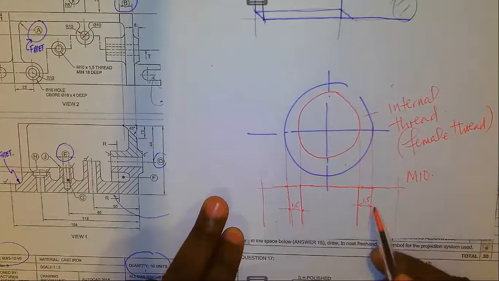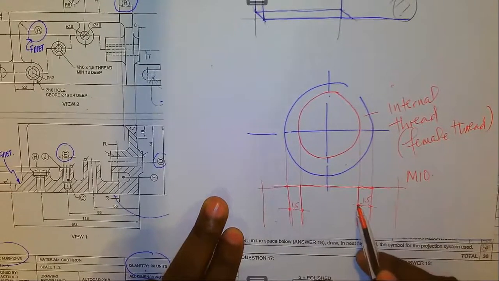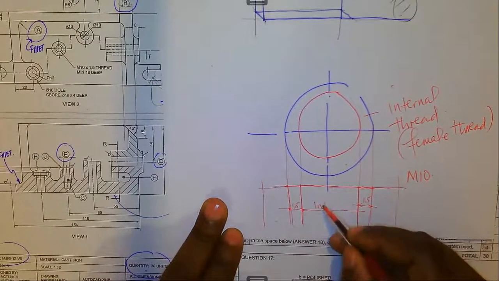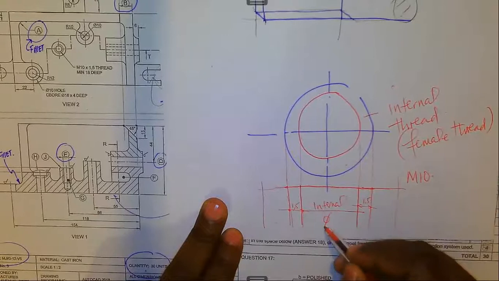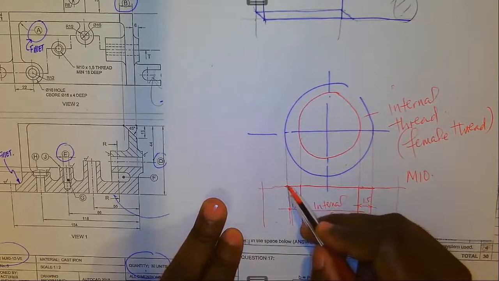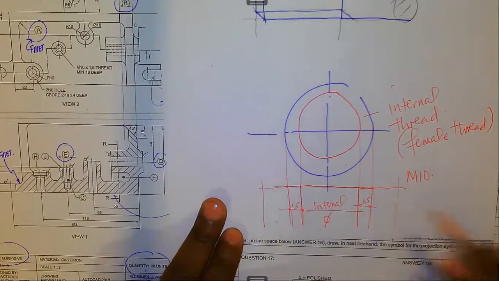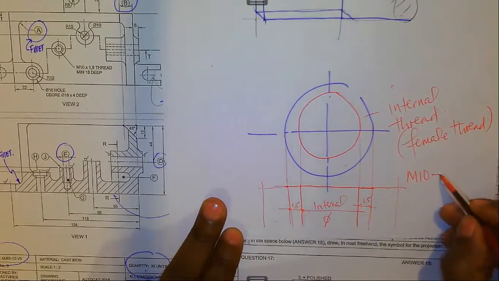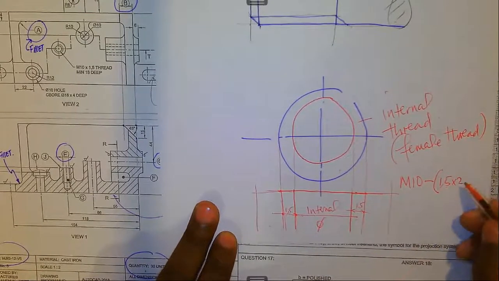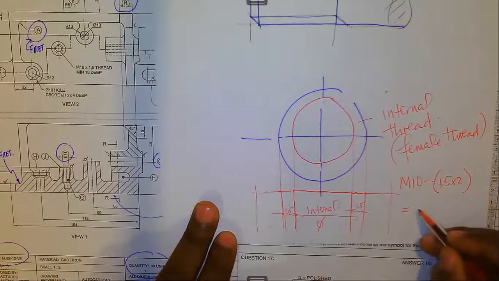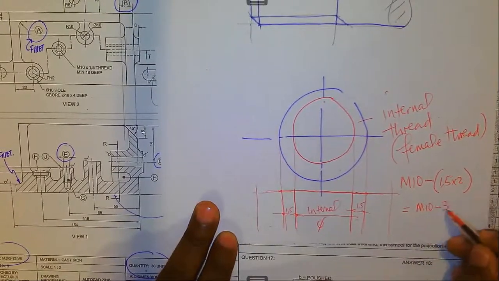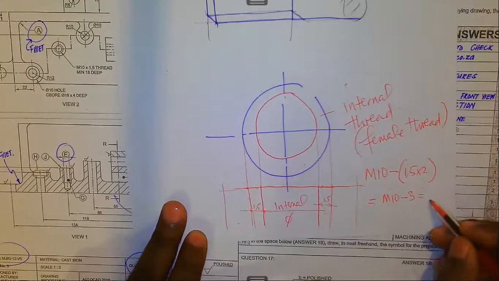So if you want to find the distance from here to there, which we also refer to as the internal diameter, or the minimum diameter, this one gives us the maximum diameter. It will be 10 minus 1.5 times 2, which is 10 minus 3, which is 7 millimeters.